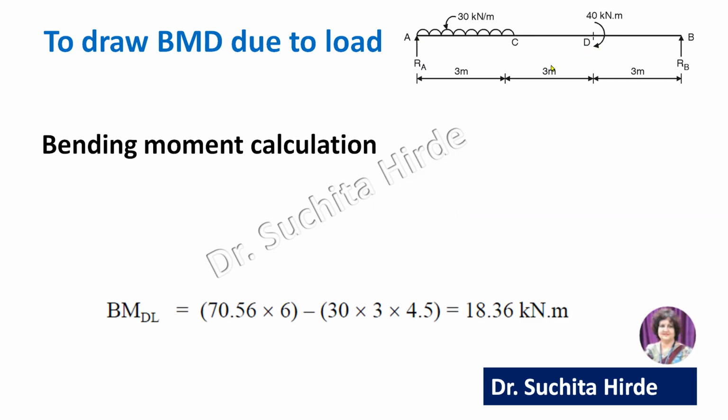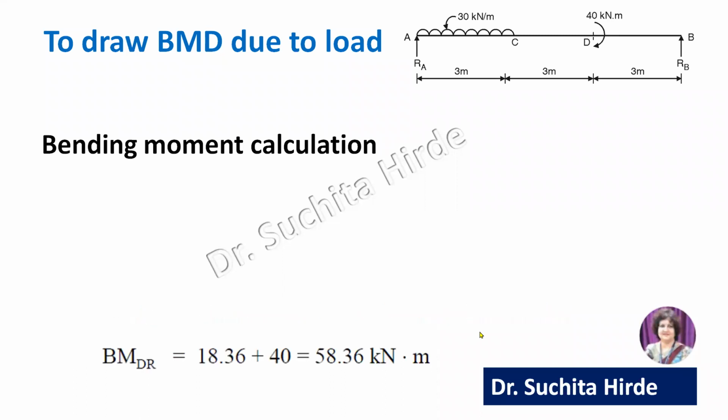If you see the effect of this 40 kilonewton meter, its effect is just like RA. That means it is positive. So to this 18.36, you have to add 40, and you will get 58.36 kilonewton meter. And we know that bending moment at B is 0.